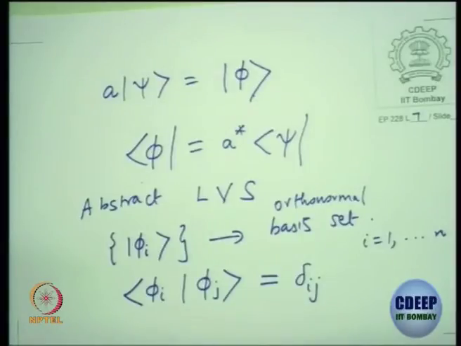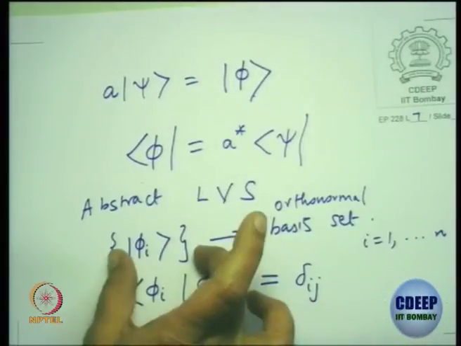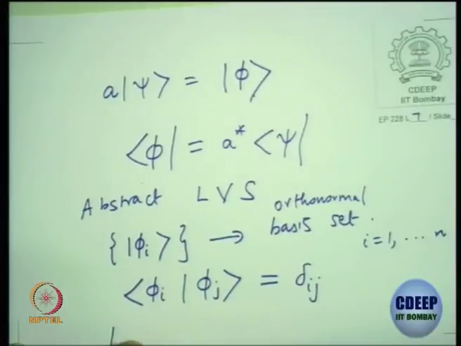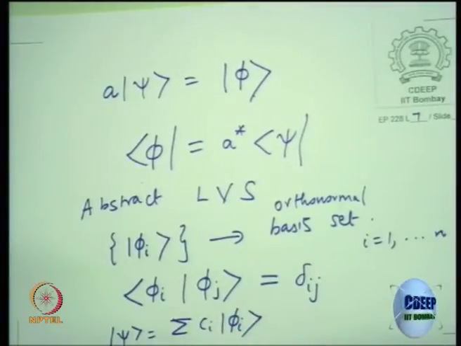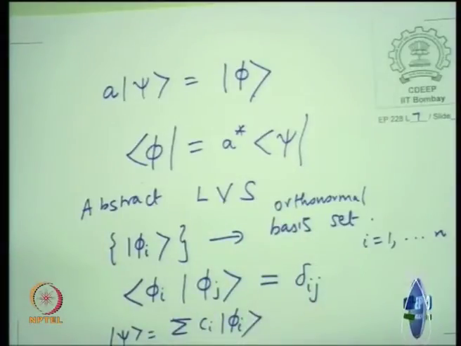You can have all types of vector spaces, but this property has to be satisfied, and this basis set means any arbitrary state you will be able to write in terms of summation over C_i phi_i. That is the meaning of saying that it spans the space. You can write any arbitrary state in terms of that, and these two conditions will be sufficient to look at any abstract space.